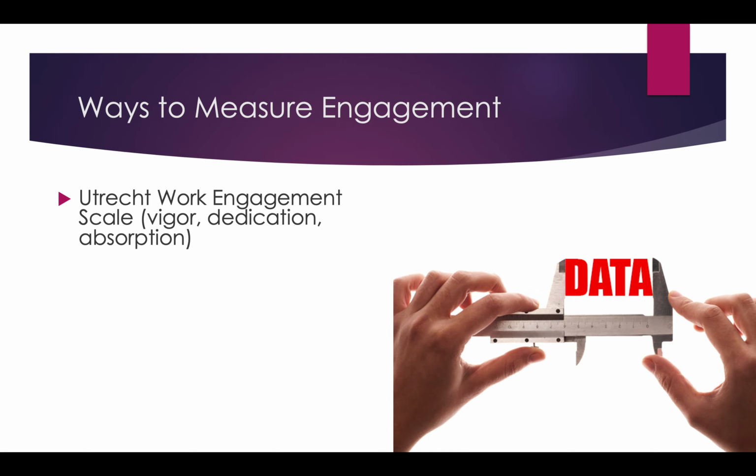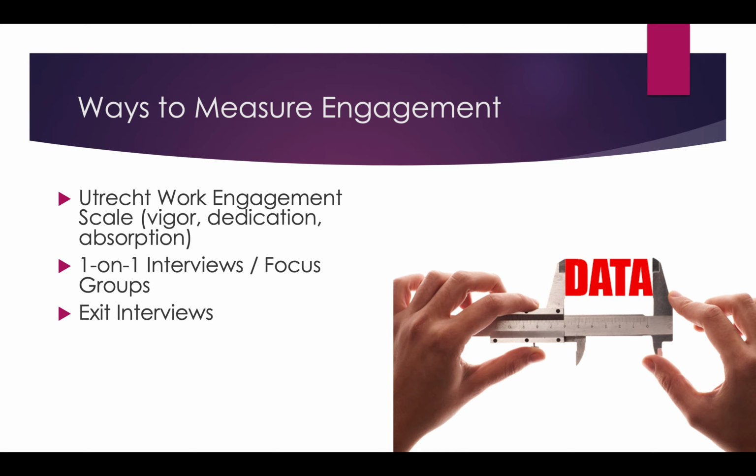So this is typically done in a survey. We'll talk about one-on-one interviews and focus groups, and this tends to be more of a qualitative way of measuring engagement. We'll look into exit interviews, which is a specific kind of interview someone might do. And we will also discuss pulse surveys, so something that happens more on a frequent basis.